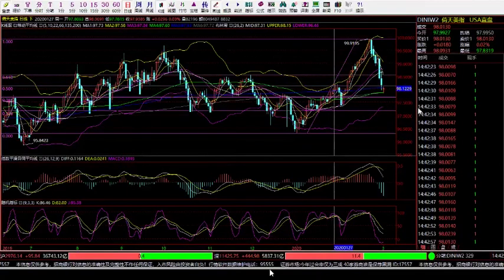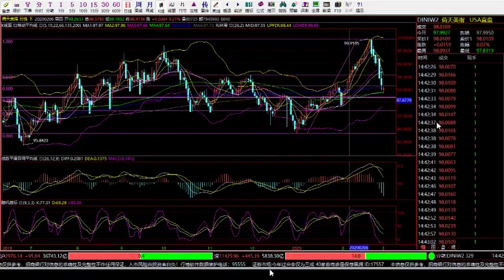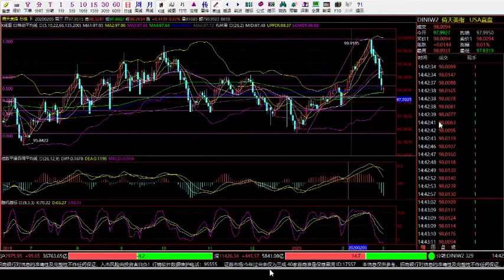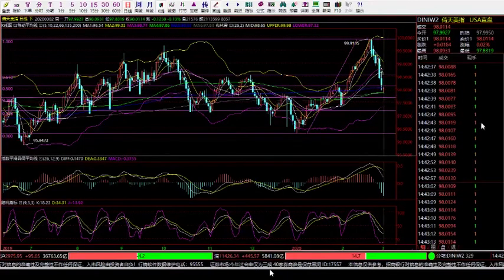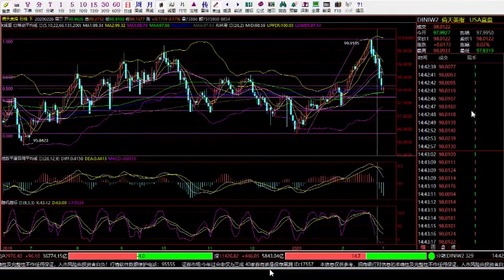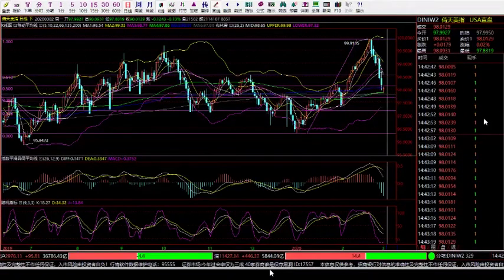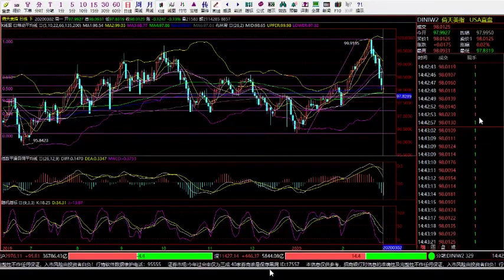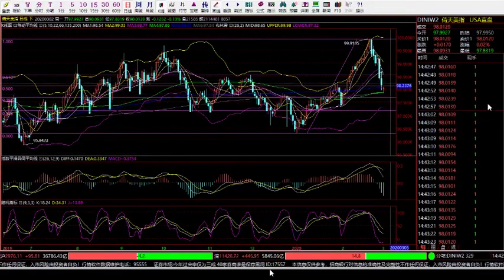The second support is around 98.12. The last support will be 97.67, so it has almost touched the bottom here. So for this week, the US dollar index should increase a little bit.